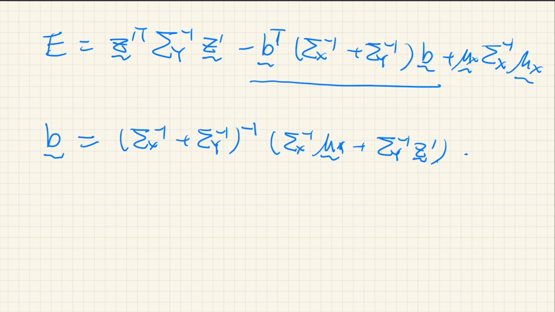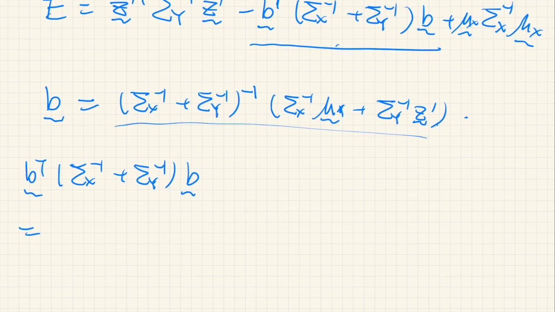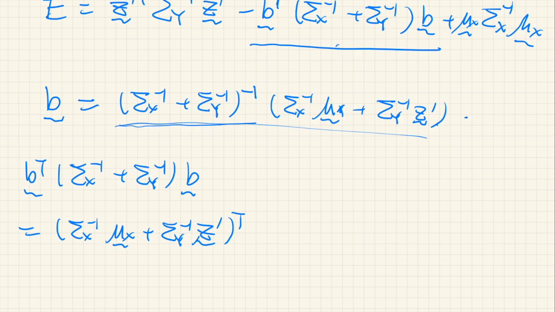And let's put this into here. So we have b transpose (Σx⁻¹ + Σy⁻¹) b. This is equal to, so take the transpose of this. We have μx Σy⁻¹ z' transpose, and the transpose of this thing is just this thing because it's symmetric, and we multiply this with this, so they will cancel, and we are left with one of this inverse.